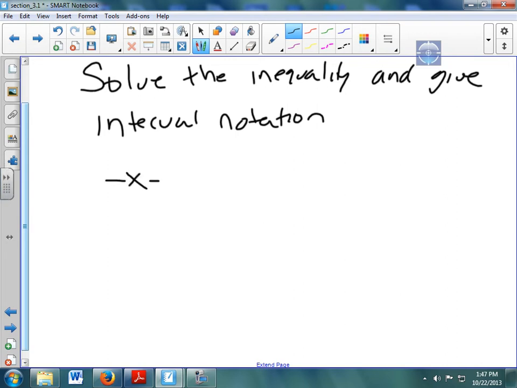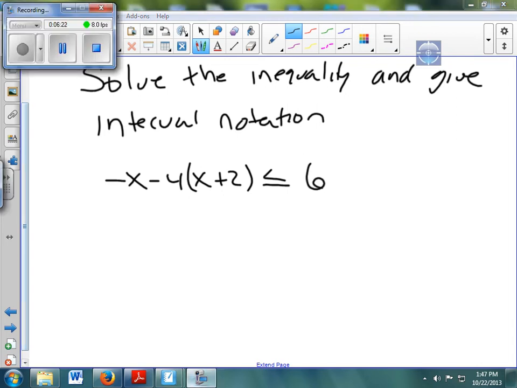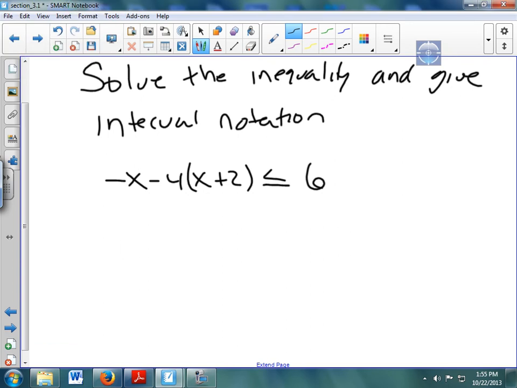Negative x minus 4 times (x plus 2) less than or equal to 6. Okay, the first thing we have to do on this one is distribute the 4 through.